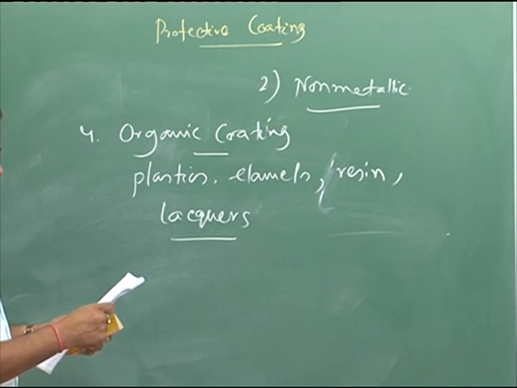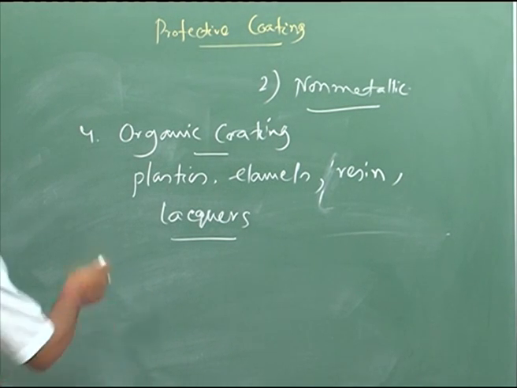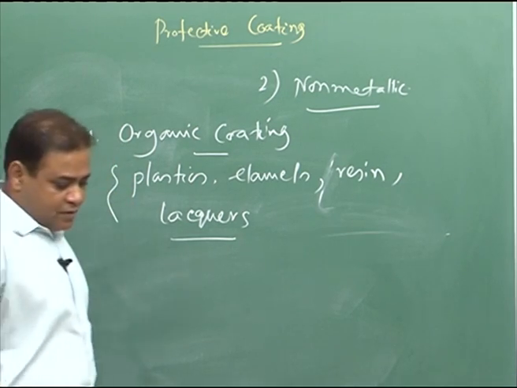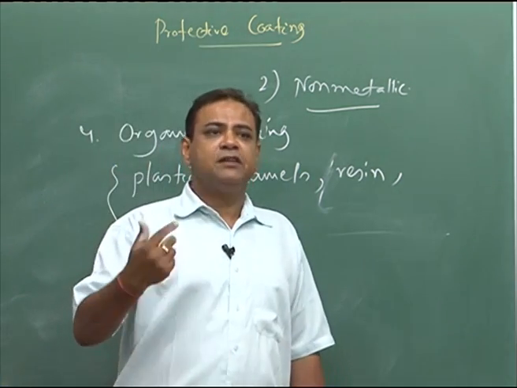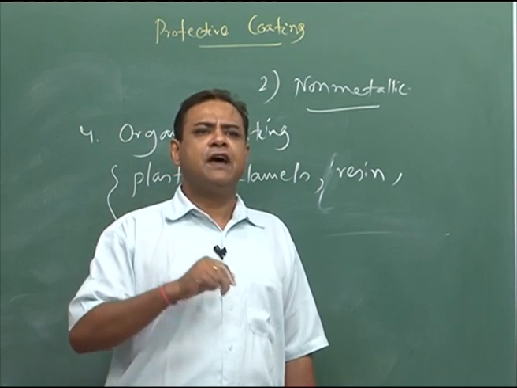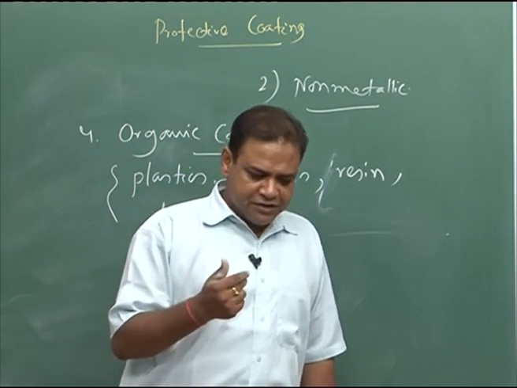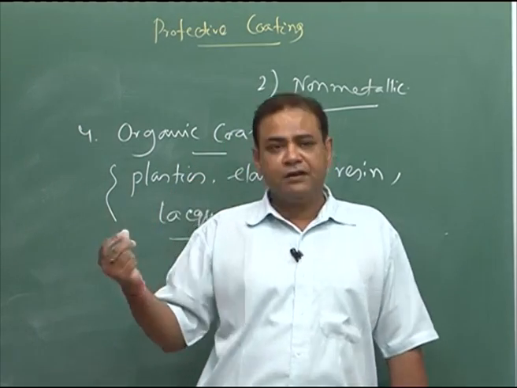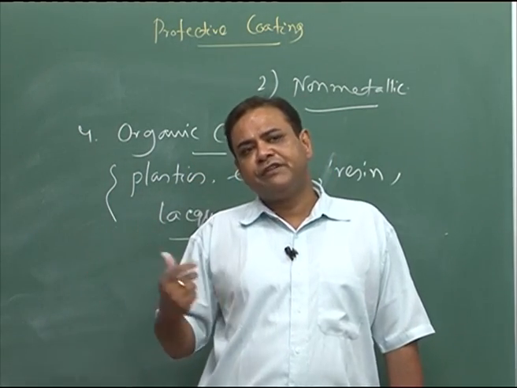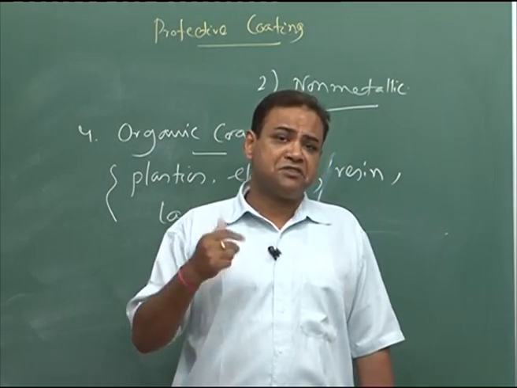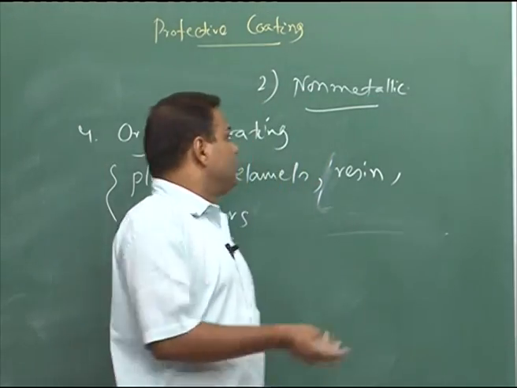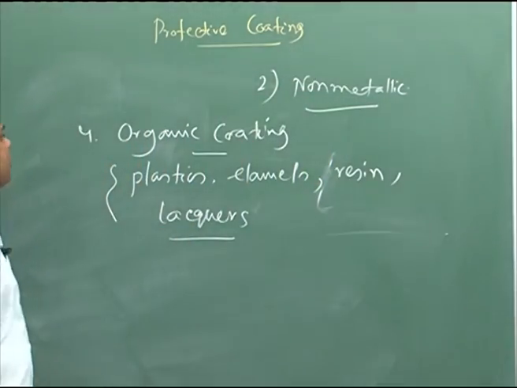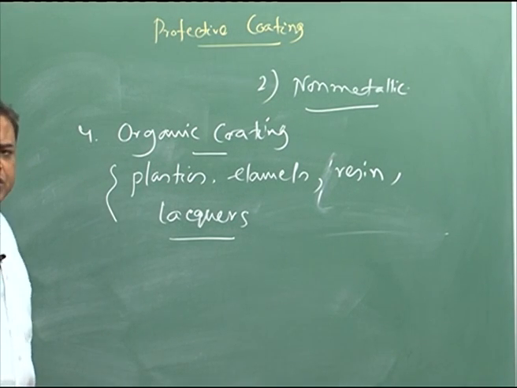One criterion is that this coating should have high electrical resistance. If they have very high electrical resistance, then they can prevent the cathodic or anodic reactions, or the anodic or cathodic reaction rate would be low. So, those are the common characteristics of organic coating.